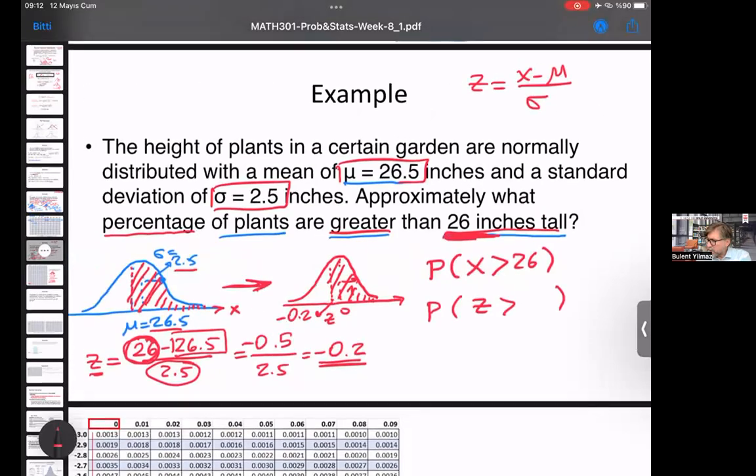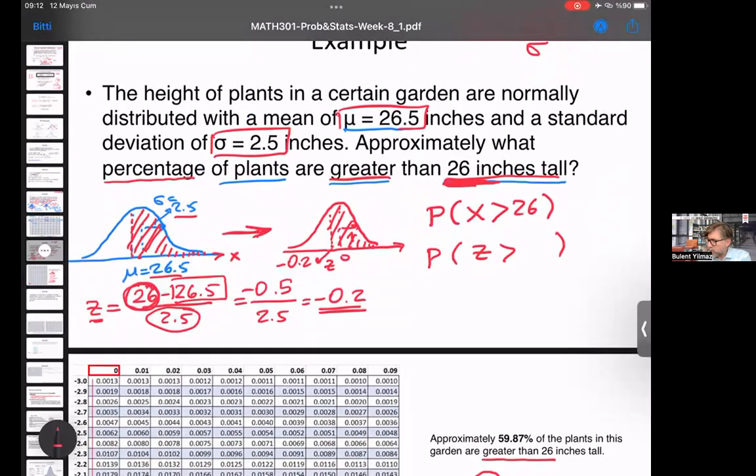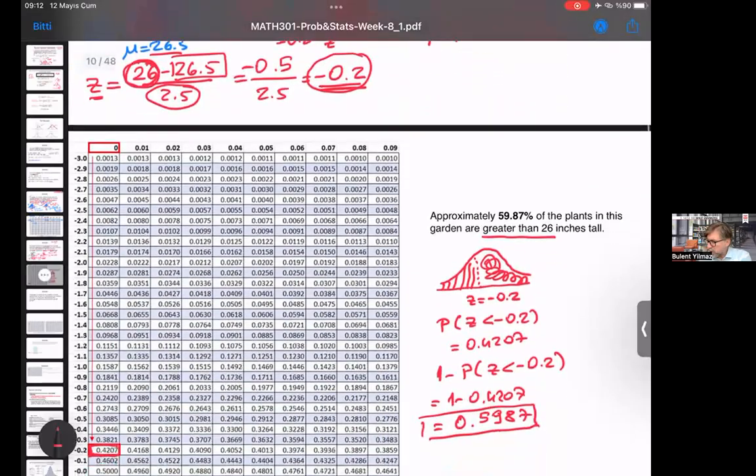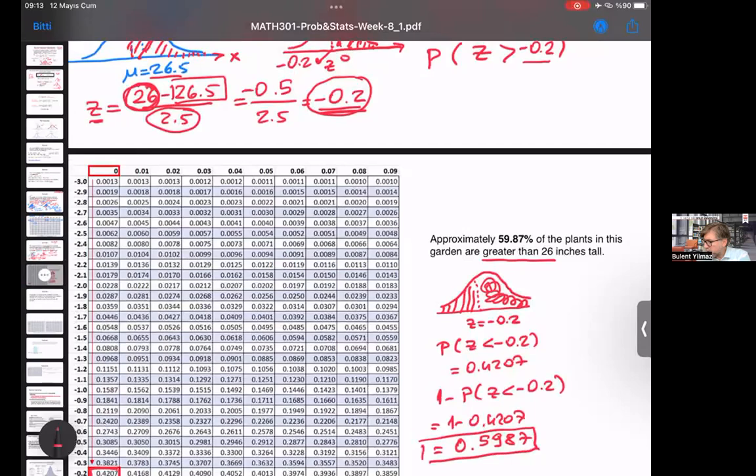Using Z equals X minus mu divided by sigma, which we found as being minus 0.2. So this will be 0.2. So now it should be this area. Now we found minus 0.2. So using the Z table, we found that 0.4207 is the area which is less than minus 0.2.